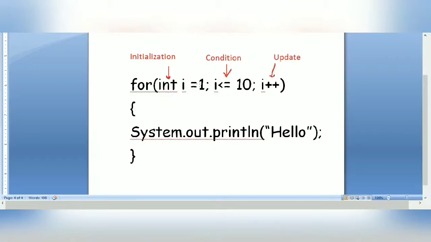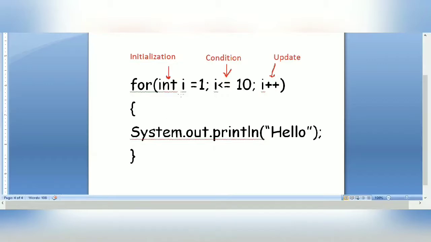Initialization means I am setting the value of the i variable as 1. Now i is less than or equal to 10. This is the condition. Whenever i is less than or equal to 10, the loop is going to work for us. And every time it does one work, the value of i needs to change. This portion is called your update.